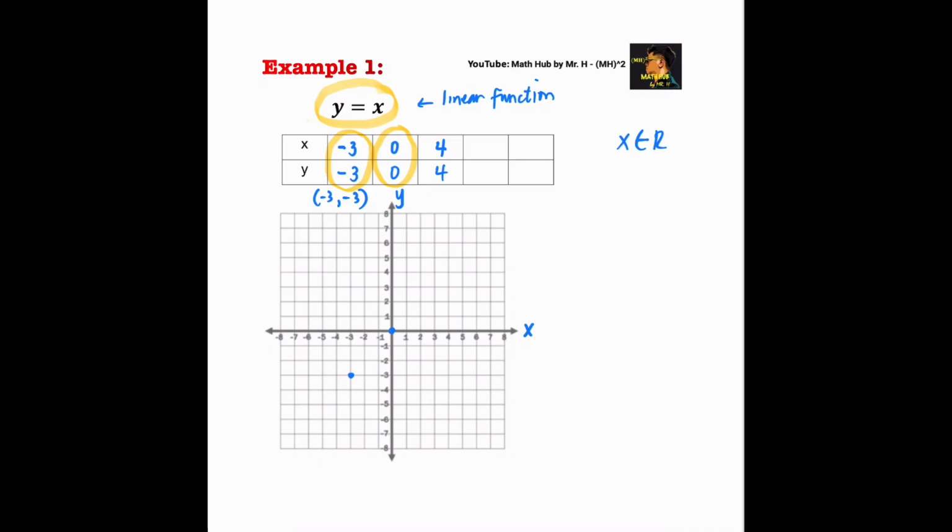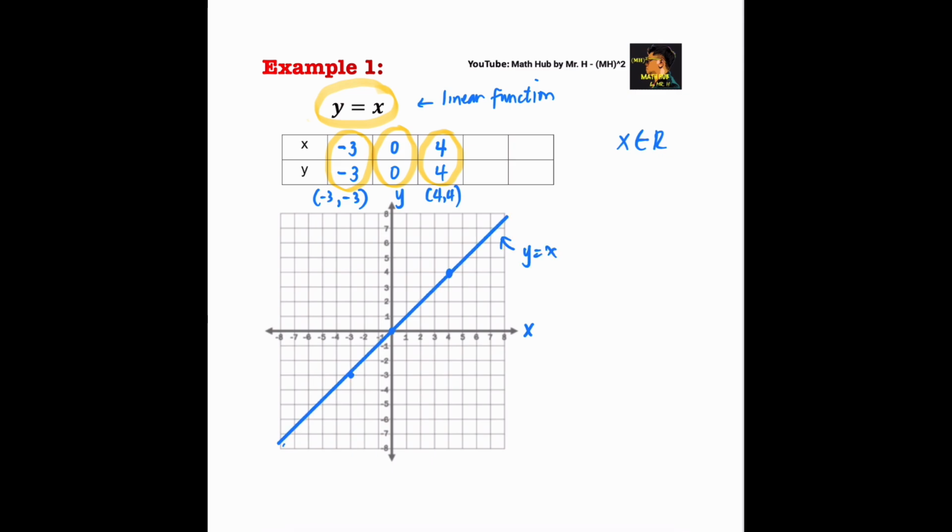That's the intersection of the x-axis and the y-axis. And the last set will be 4 comma 4, and 4 comma 4 is here. Connect the points for us to see the line graph.